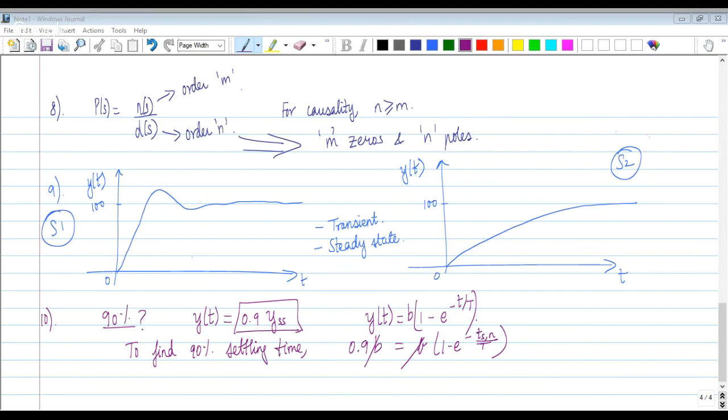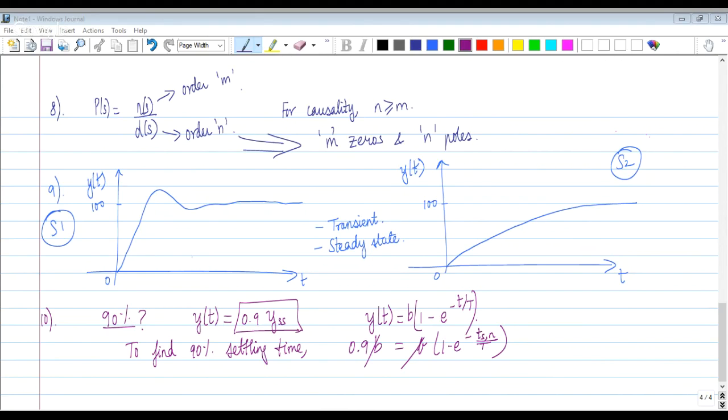Okay, I think Anand, I will get back to you on this question. Let me not respond now. I will get back to you on this particular question, on the applicability of ROC in S-plane to know causality.